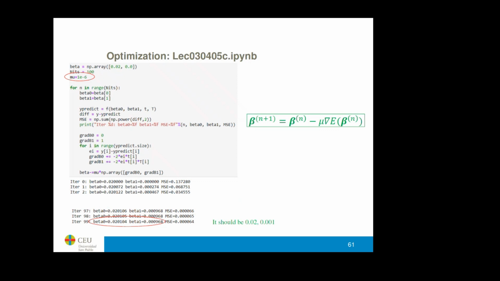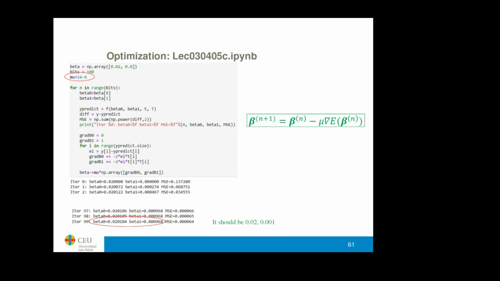Now you accumulate all those errors according to the formula we had before, and then you move the current guess a bit according to the gradient. You let it iterate, not forever, for 100 iterations, and at the end you get here. And it's pretty close to the ground truth.